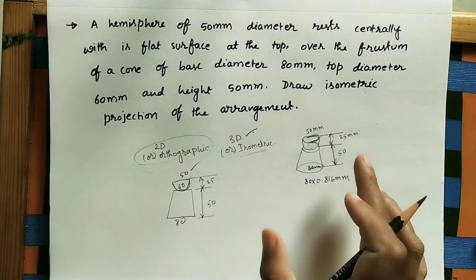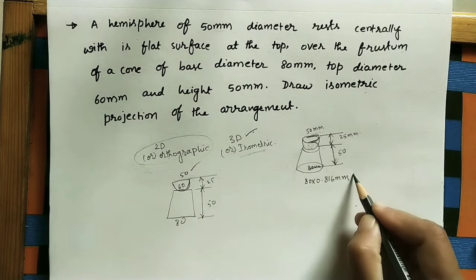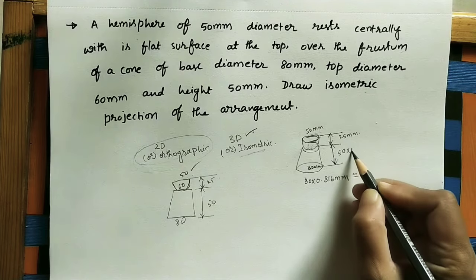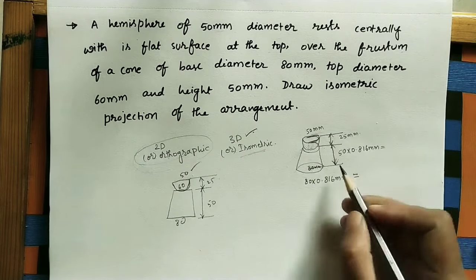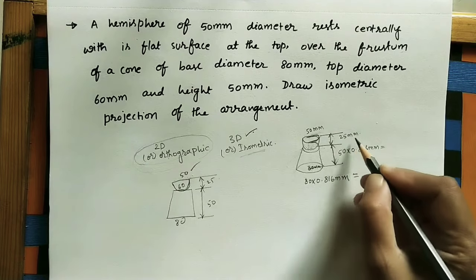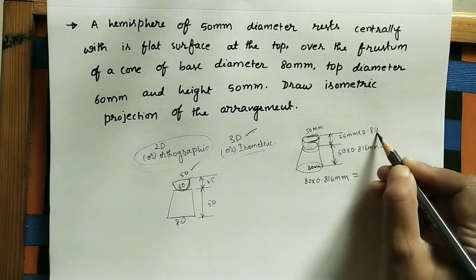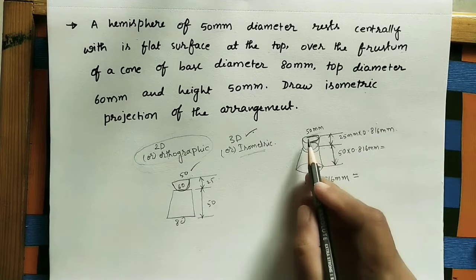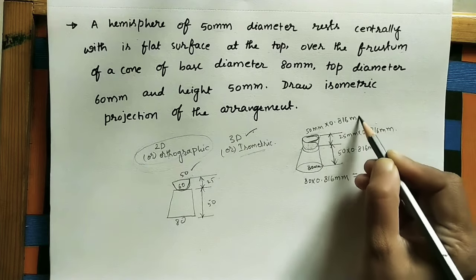Always remember, whatever values there are, we have to multiply them with 0.816. And here 50 into 0.816. By using a calculator, we have to calculate this value. 25 mm, this height, into 0.816. And here 50 into 0.816.